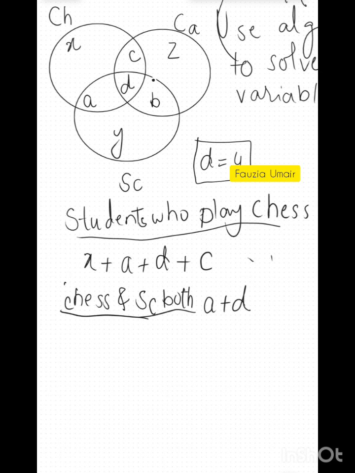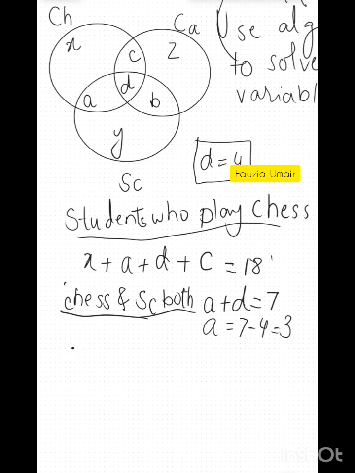It's a concrete value because D is the students who play all three games. So A plus D is equal to 7, and the first equation I made is equal to 18. Now putting the value of D, D is 4, so A is equal to 7 minus 4, that is 3.